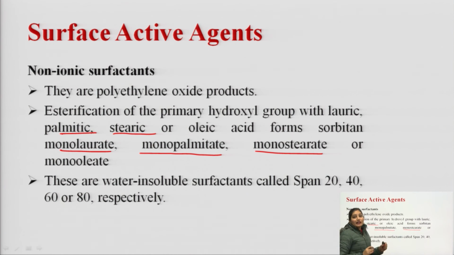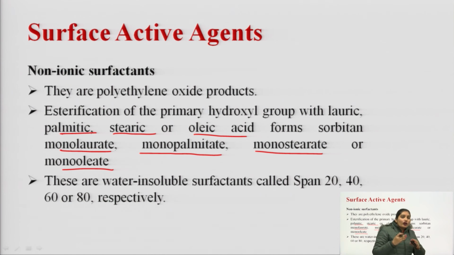And if esterified with oleic acid, it will form the monooleate. Okay. So, these are the water insoluble surfactants that are also called Span 20, Span 40, 60 or 80 respectively. Okay. So, Spans are included in the non-ionic surfactant category.